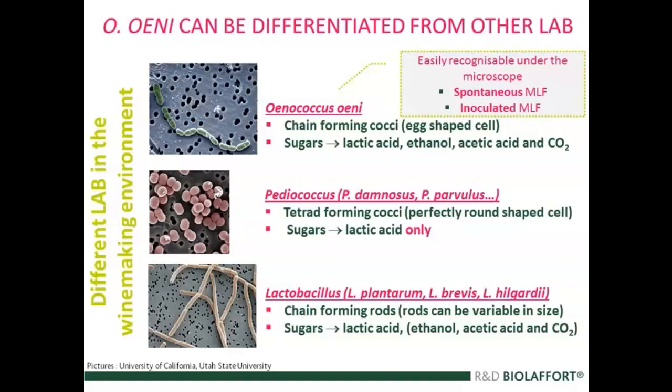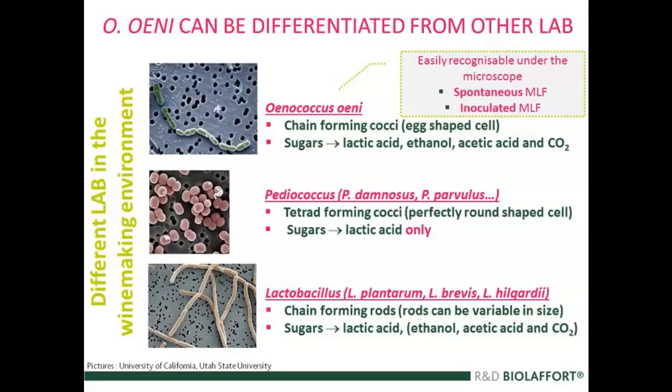Another feature that differentiates these lactic acid bacteria is the way they behave by metabolizing sugars. Oenococcus oeni, when degrading sugars, and moreover glucose, fructose, and some pentose, will degrade them into lactic acid, but not only. It will also produce from sugars ethanol, acetic acid, and CO2, whereas Pediococcus will only produce lactic acid.